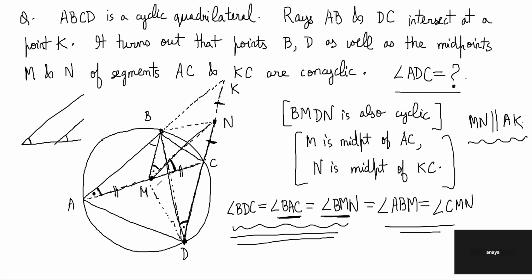We have found out 5 angles which are the same. We should be able to say some stuff now, especially because 2 of the angles are in the same triangle.